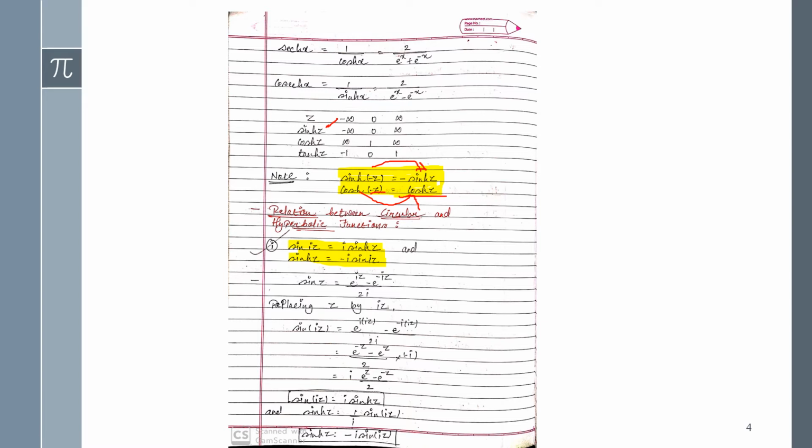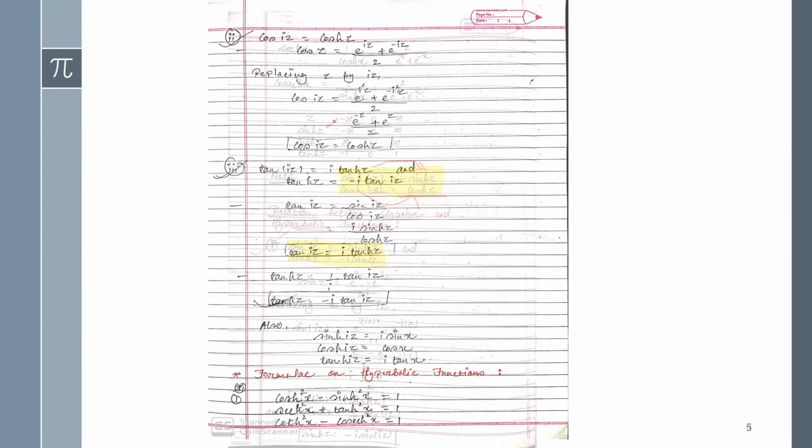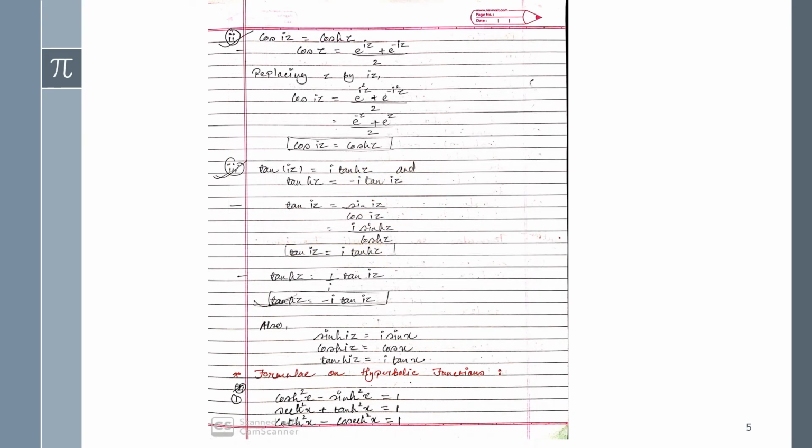Now next, it's given cos iz, and cos iz we can write as cos hz. Again this one is important guys, you have to remember that cos of iz, the circular function for cos, will be the hyperbolic function of cos. And again here I have given its proof if anybody wants to apply.